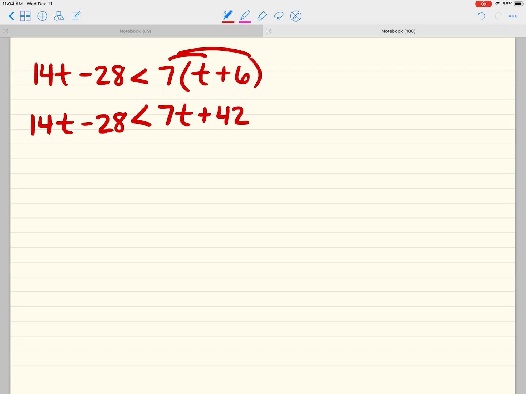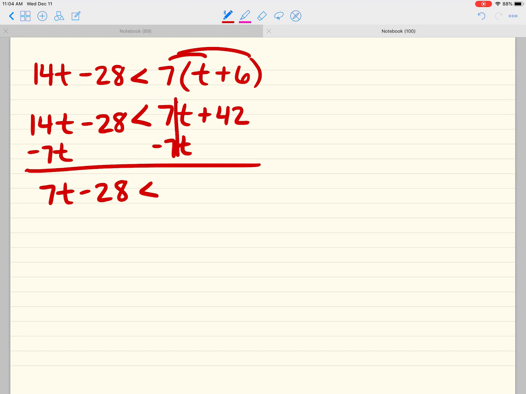No. So what would I do next? Subtract 14. Why would you choose 7t and not 14t? It's smaller. Could you subtract 14t though? Yes, you can. All right, 14t minus 7t would give me 7t minus 28 less than 42.